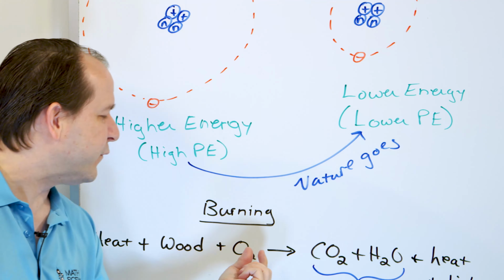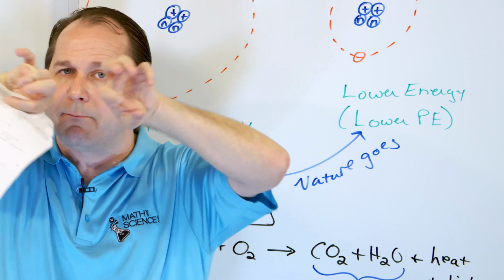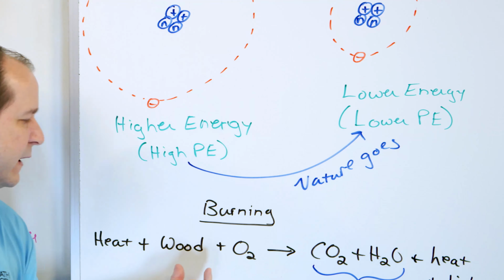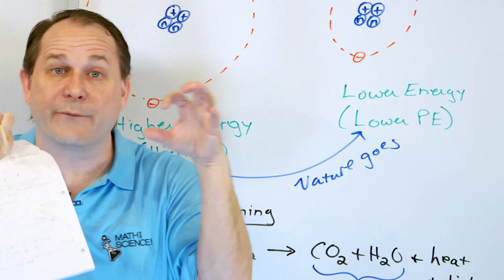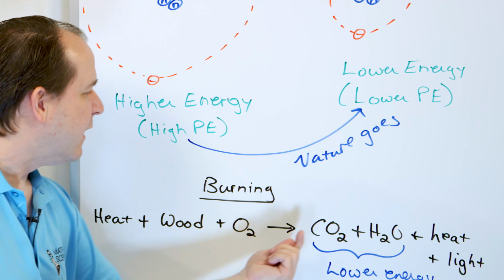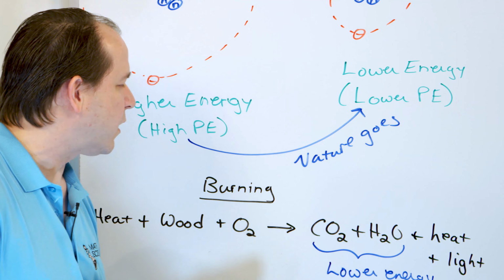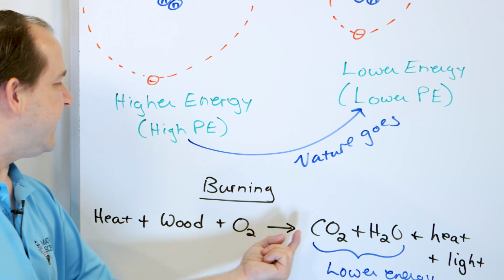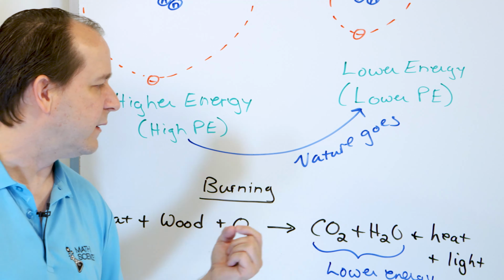Then you have some freely floating oxygen atoms, not bonded anymore, and freely floating carbons, which come from the wood. And then what happens? They all try to recombine. And how do they recombine? Do they come back and make wood and more O2? No, they don't. Some of the hydrogen from here gets bonded to the oxygen. It makes water. Some of the carbon from the wood gets bonded to the oxygen with CO2.